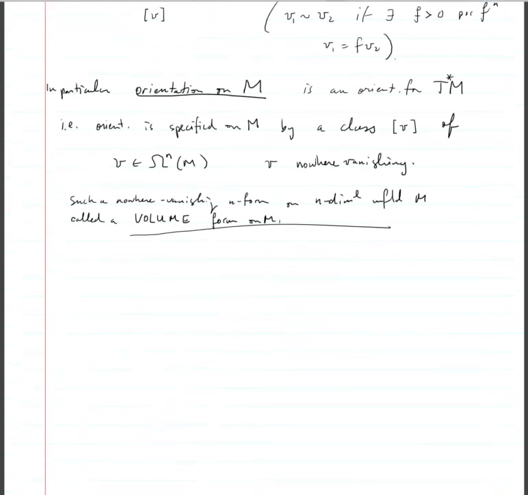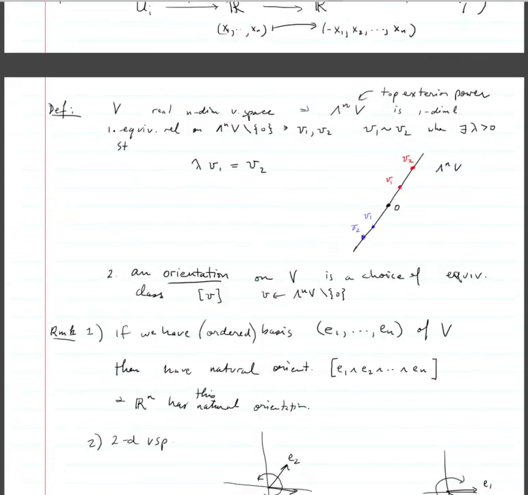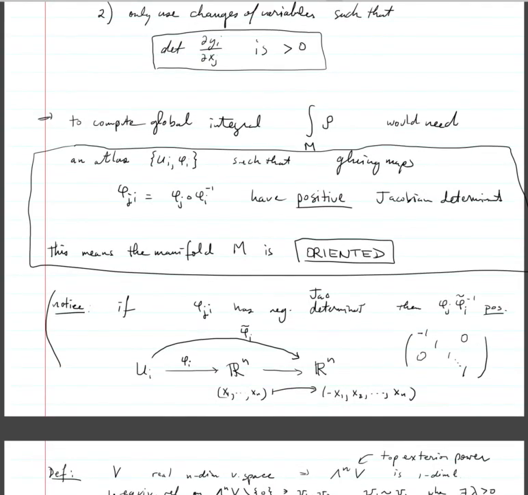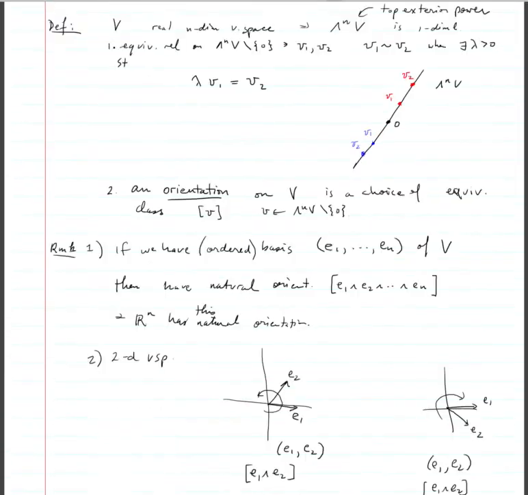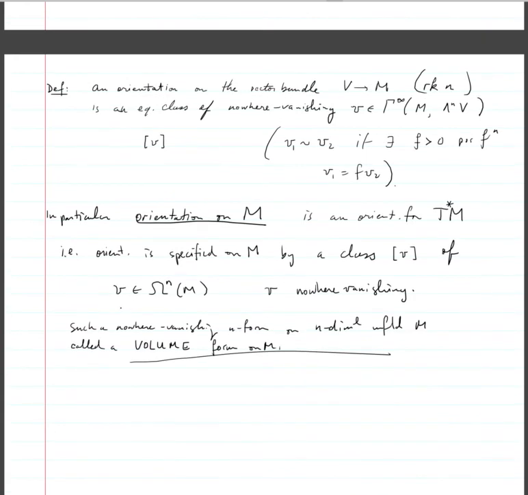All right, so these are two notions of orientation, right? One of them says that the manifold has an atlas where the gluing maps all have positive determinant of the Jacobian of the comparison map. And the other says that it has a nowhere vanishing n form.